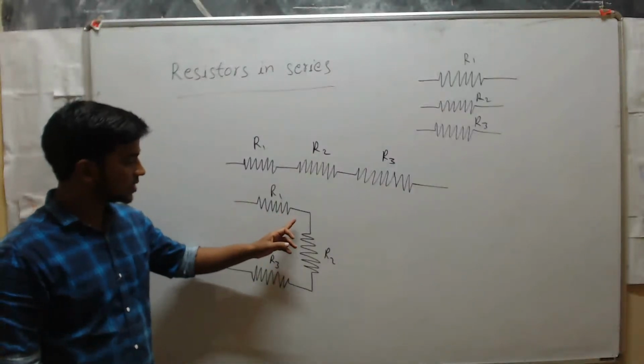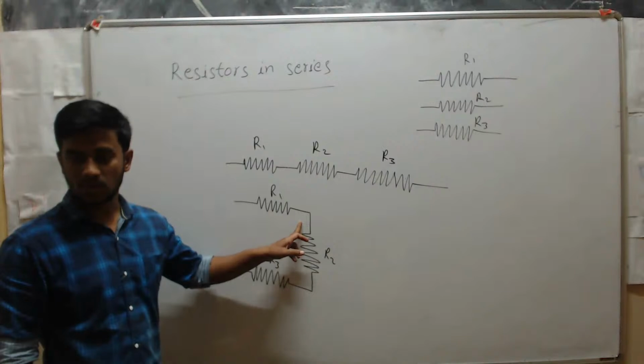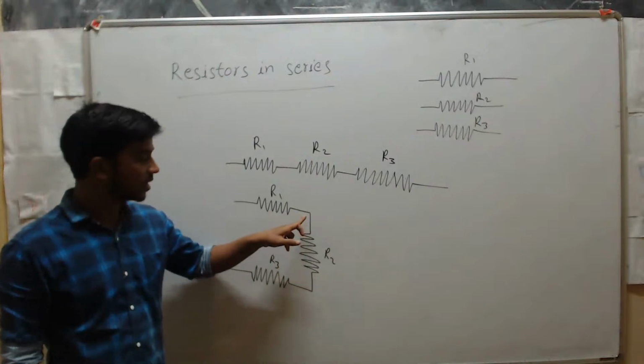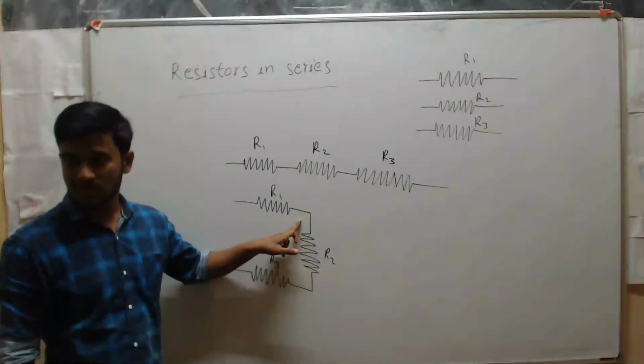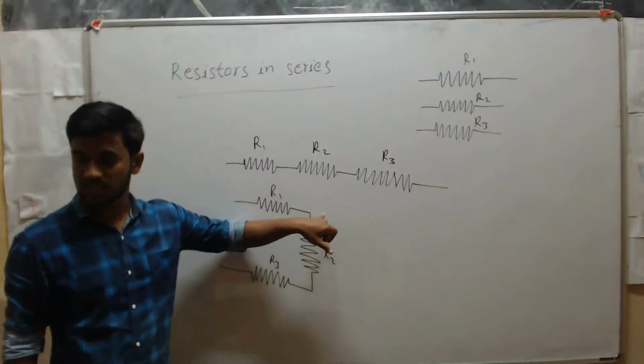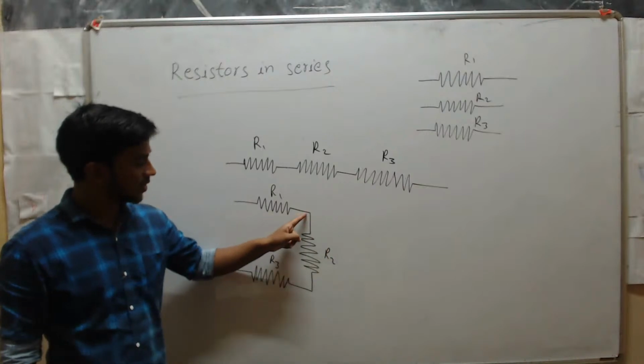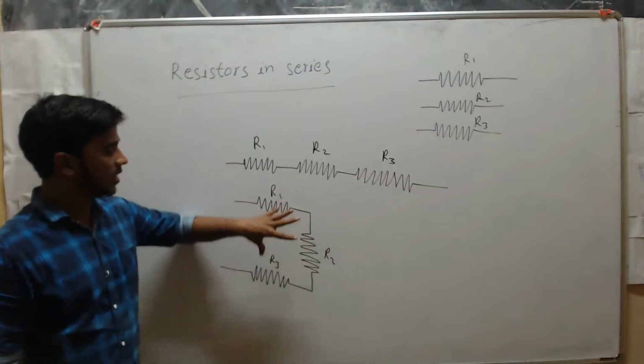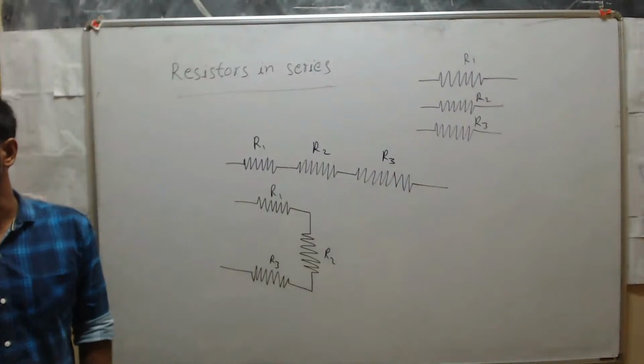Why? Because I have connected end to end. I have connected only two ends of the two resistors, and there is no other extra resistor here. So we can say that these three resistors are in series.